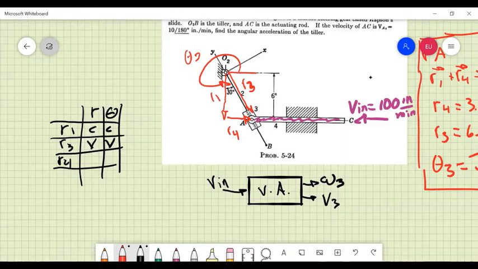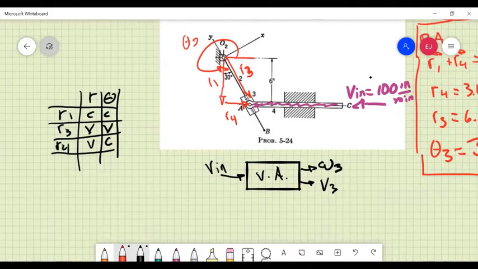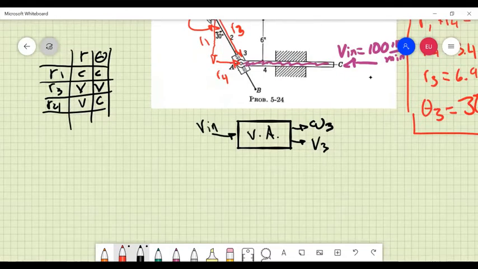I forgot which one was magnitude, right? Yes. It's variable and constant. Good, nice rescue there. Question. Yes. The R4 has constant orientation because it is fixed with the box.